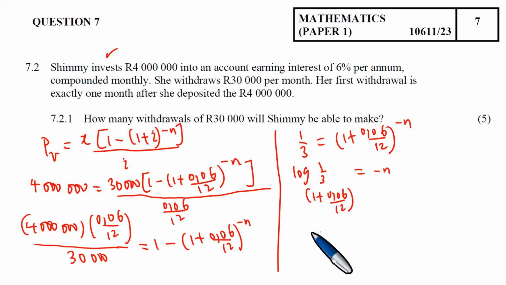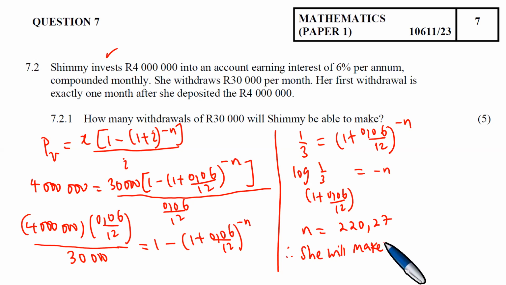Which means n is 220.27. So the conclusion is that she will make 220 withdrawals. Okay, she will make 220 withdrawals.